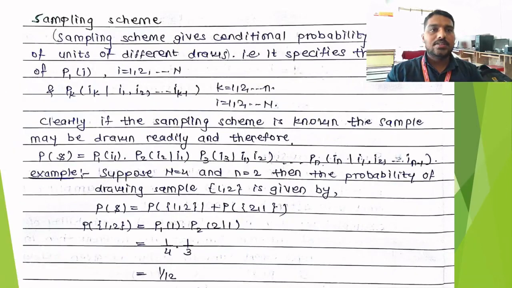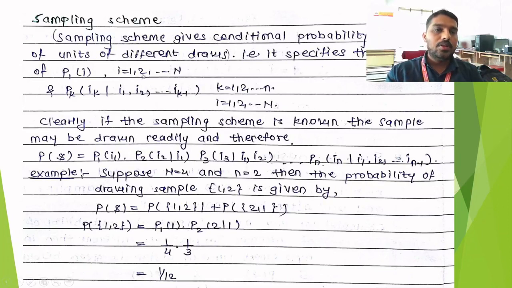So next, sampling scheme. Sampling scheme gives the conditional probability of selection of units in different draws, that is, it specifies the values p_i, i equal to 1 to N. Generally it is denoted as p_k(i_k), given that i1, i2, ..., i(k-1) events have already happened, or i1, i2, ..., i(k-1) samples are already drawn.